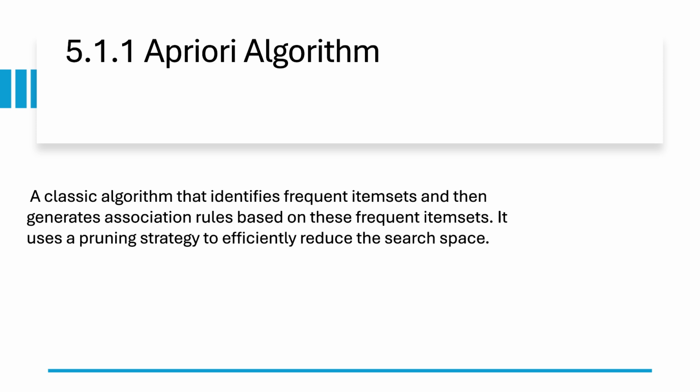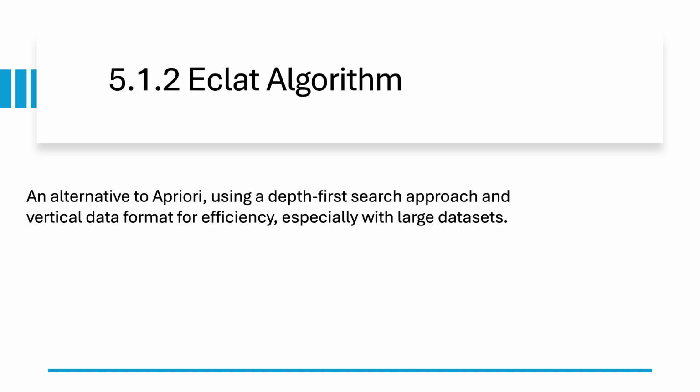The Apriori is a classic algorithm that identifies frequent item sets and then generates association rules based on these frequent item sets. It uses a pruning strategy to efficiently reduce the search space. The ECLAT is an alternative to Apriori, using a depth-first search approach and vertical data format for efficiency, especially with large data sets.